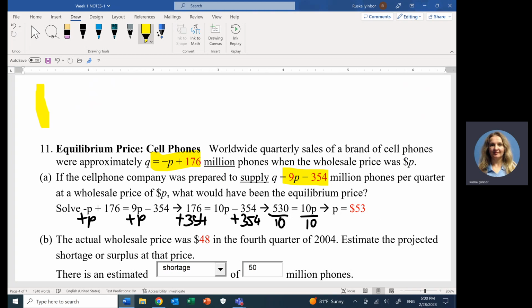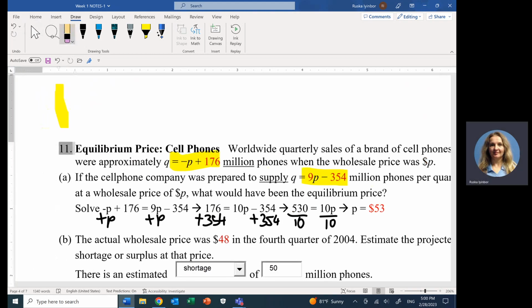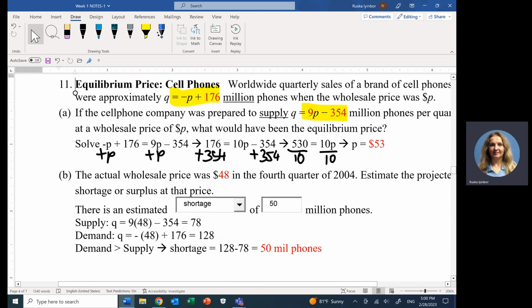Now here we have an additional question they're asking you. For number 11, that was A, equilibrium price, the same way. B, they're asking, the actual wholesale price was 48 instead of 53. If you sell the cell phones for 53, it's going to be equilibrium.